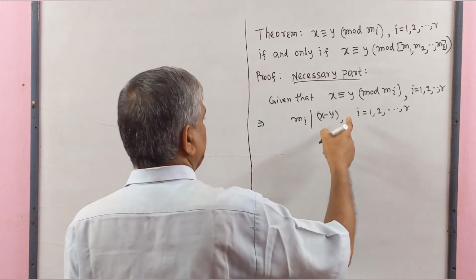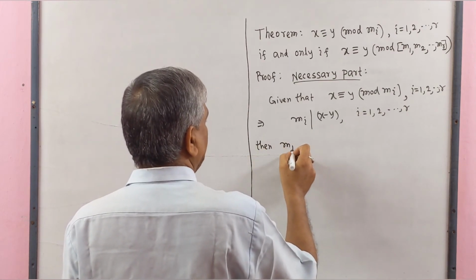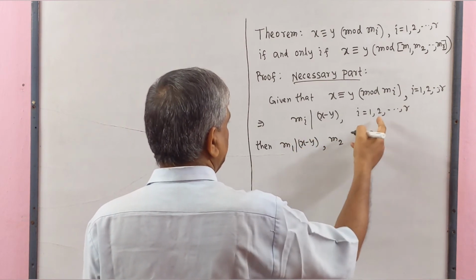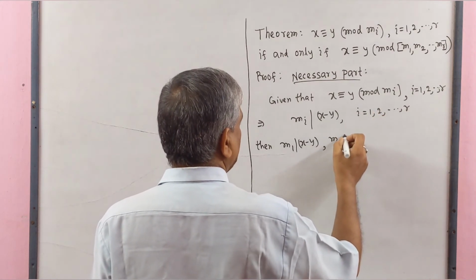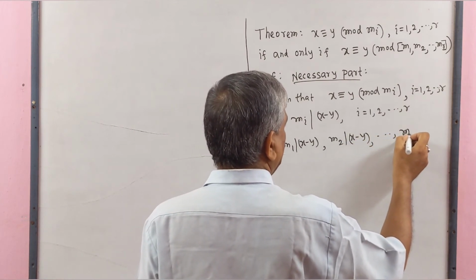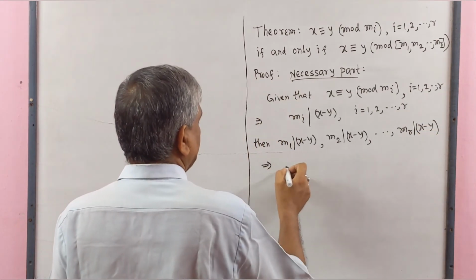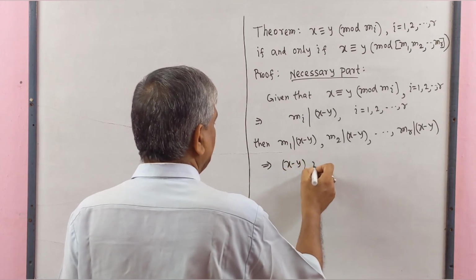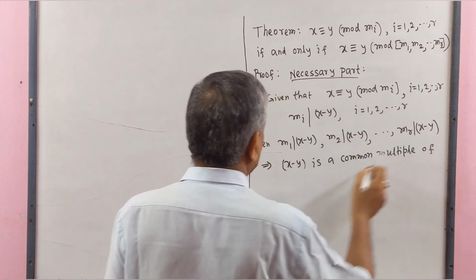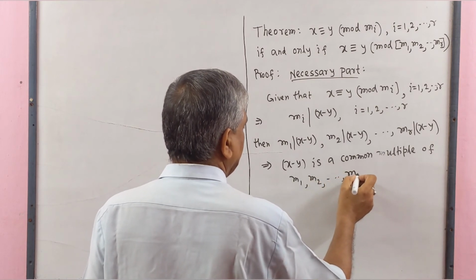Here, if we put the value of i equal to 1, then m1 divides x minus y. If we take value of i is 2, m2 divides x minus y, ..., mr divides x minus y. Implies that x minus y is a common multiple of m1, m2, ..., mr.